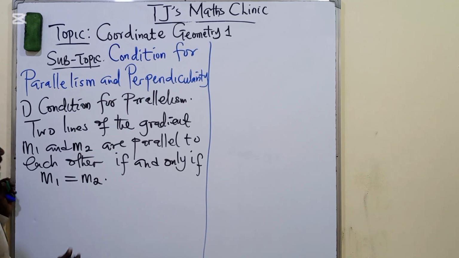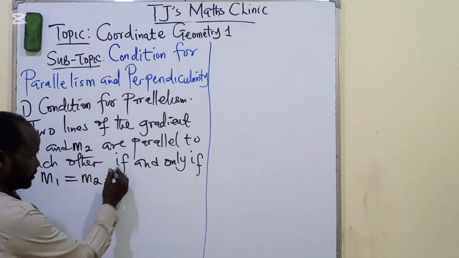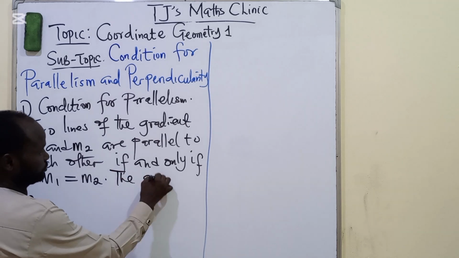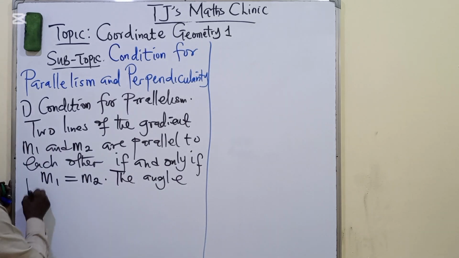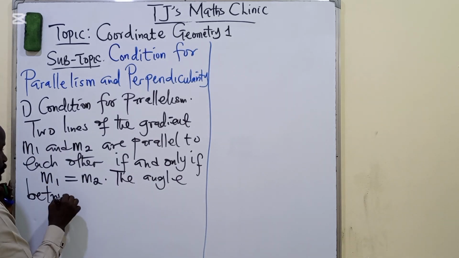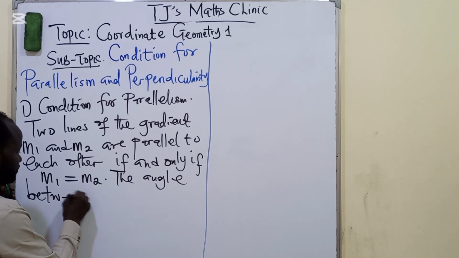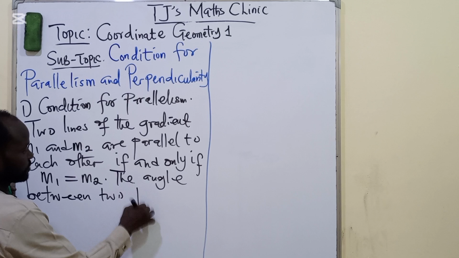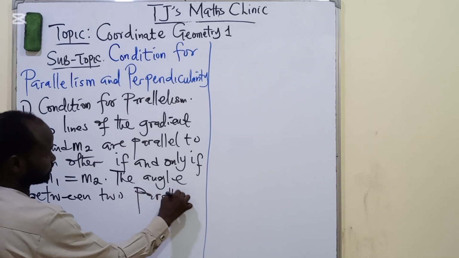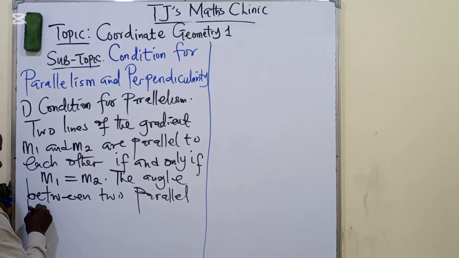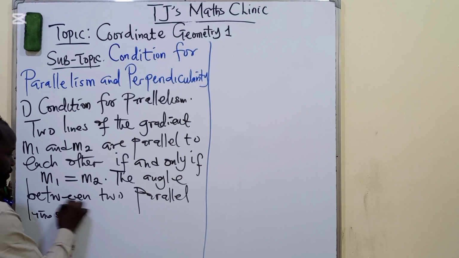The angle between two parallel lines, let's continue now with the concept. The angle between two parallel lines is 0. That is, tan alpha is equal to 0. Very important concept.